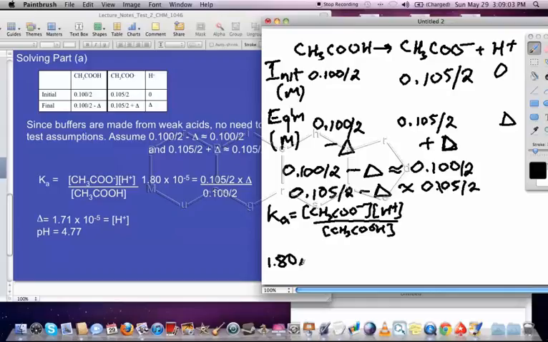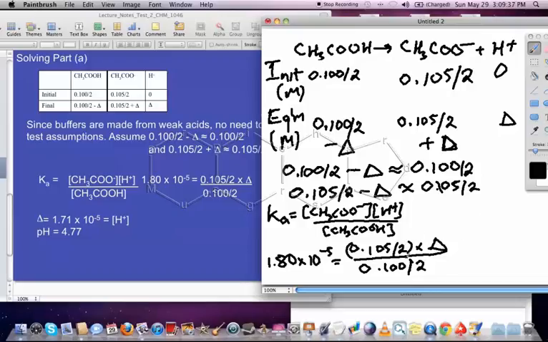The Ka I was given, 1.80 times 10 to the negative 5, equals 0.105 divided by 2, times delta, over 0.100 over 2.